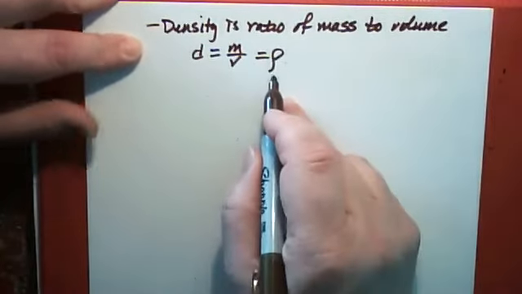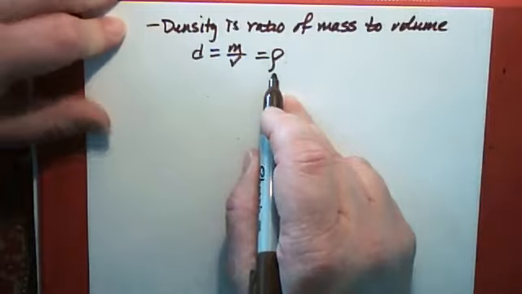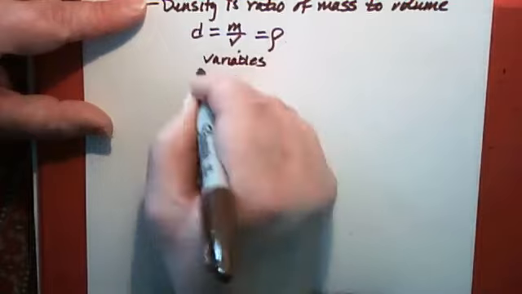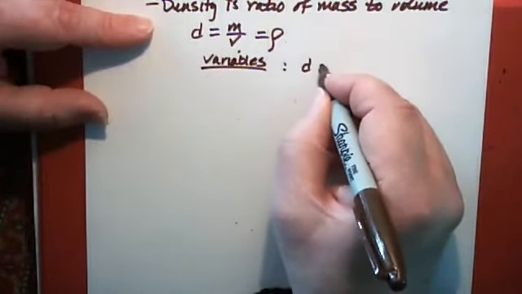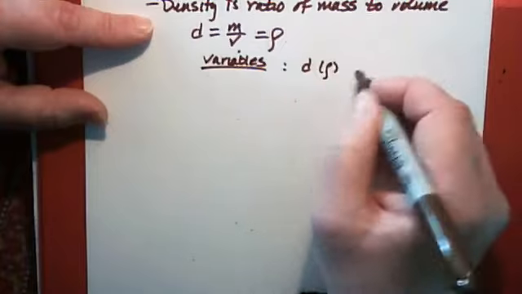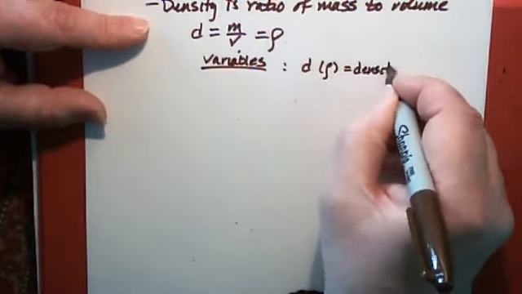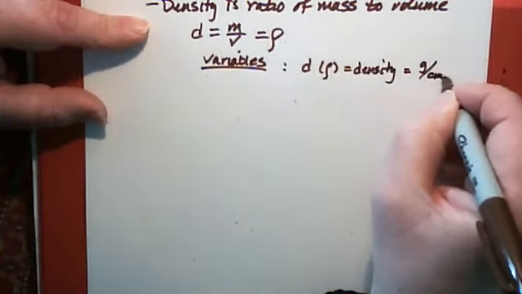And remember that in physics, we also have the symbol rho, so you might see that, for instance, in the book. The variables in the equation: we've got density, or rho, and that normally has the units of grams per cubic centimeter.